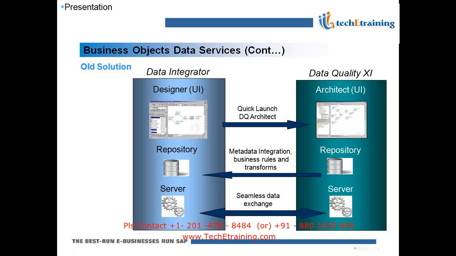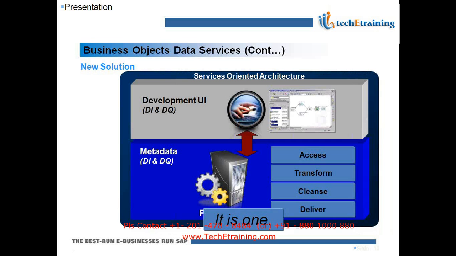All right, so they share the same server, the same repository, and the same interface, as a result of which we have one tool where we are able to do two major things or solutions. One is the migration solution, the other one is the quality solution.